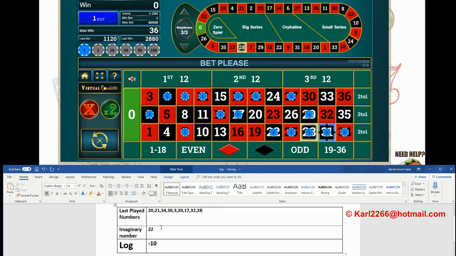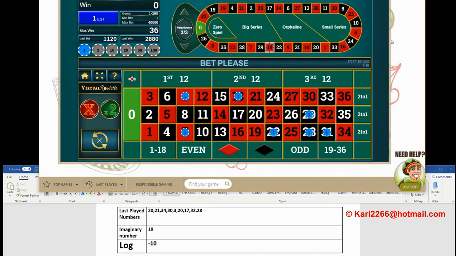And what we do now when we got number 28 and minus 10, we make 28 minus 10, which is 18, a new imaginary number. So what we do now when we got 18, we place bets on 18 and the neighbors and terminals from 18, which are in this case 11 and 23.